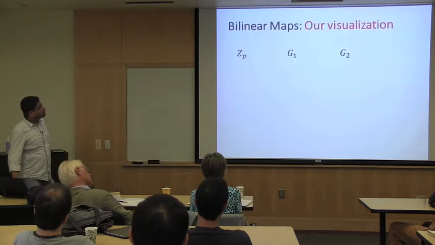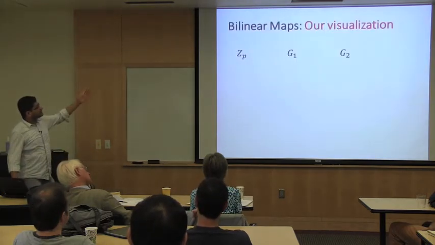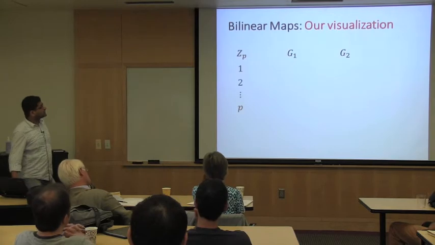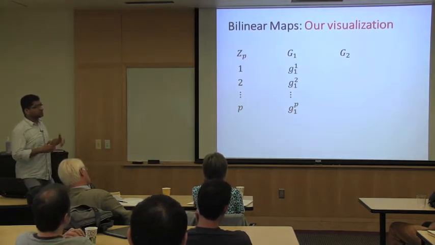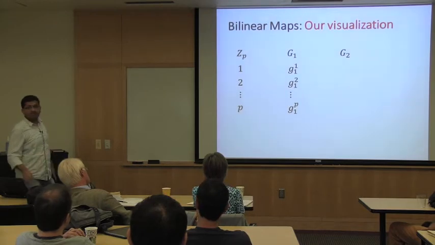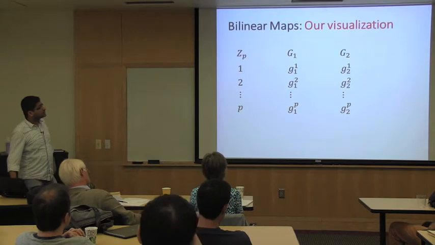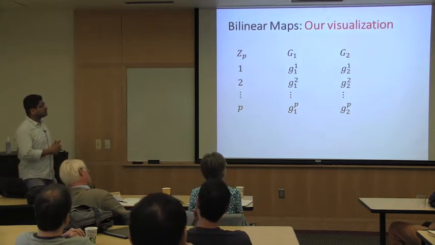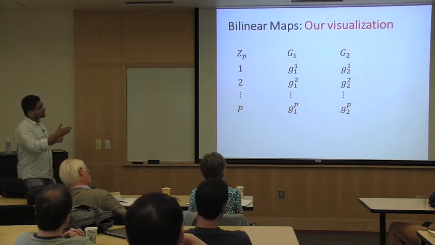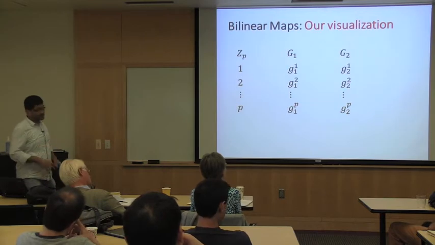Okay. So bilinear maps have this setting ZP, G1, and G2, and ZP has these elements 1 to P, and G1 has these corresponding elements g1 exponentiated with 1 and 2 and so on. And you have G2, where G2 is the pairing of G1 with G1 itself, and you have the value exponentiated.